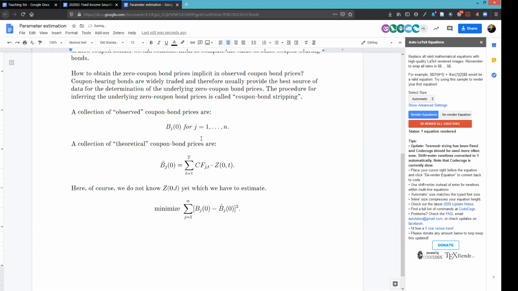Our goal is to identify z. This is something we want to find.